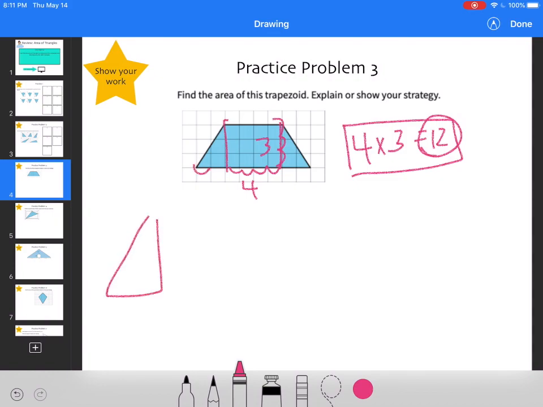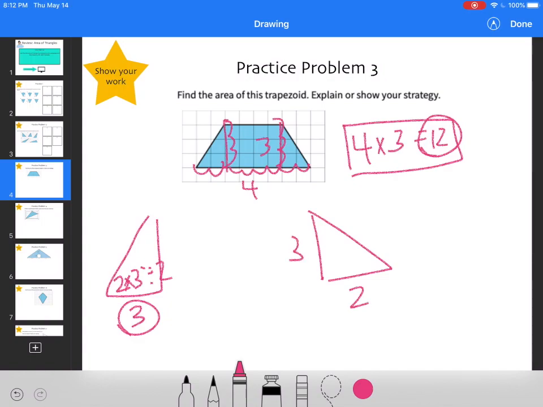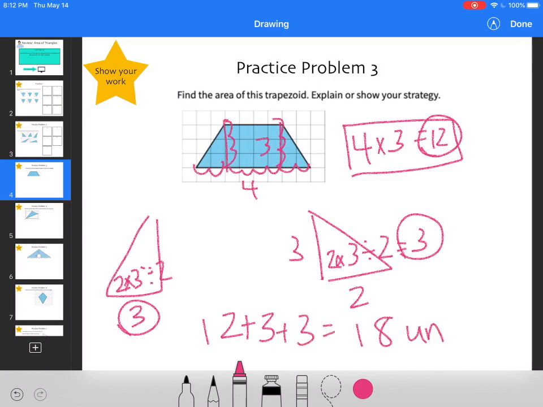So that's 1, 2 by 1, 2, 3. And I'm going to divide by 2 because it's a triangle, so I get an area of 3. Then I'm going to find the area of the other triangle, so it's 1, 2 by 3. And I'm dividing by 2 because it's a triangle. So then I add all my circled numbers, so 12 plus 3 plus 3. And I get a total of 18 units squared.